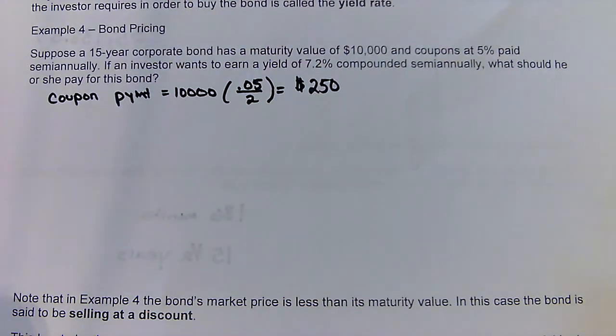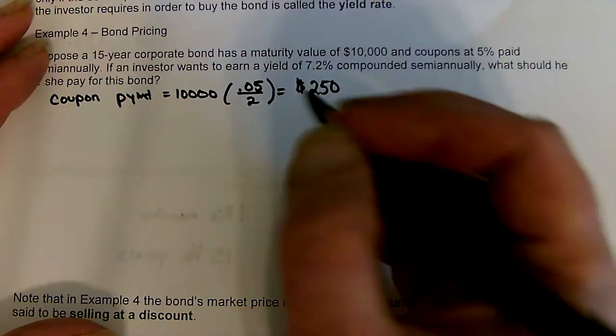So the investor wants to earn a yield of 7.2% compounded semi-annually off of that $10,000. Well, actually, you're going to get $10,000 of the maturity value, right? So how much should be invested to get that $10,000?